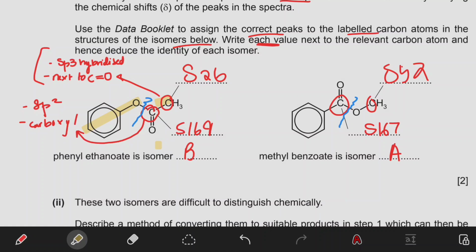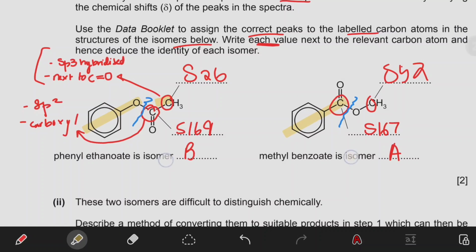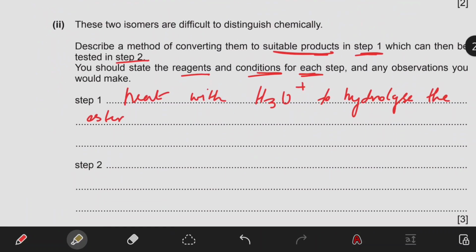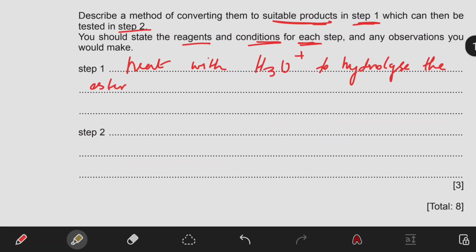For this one, if you break it, benzoic acid would be formed, and the other is methanol. If you remember, you studied the test for phenol with aqueous bromine, so we can use that, because no other product would react with aqueous bromine.